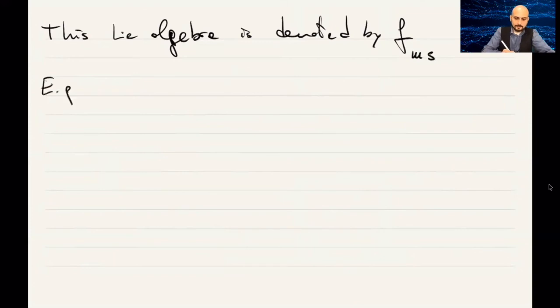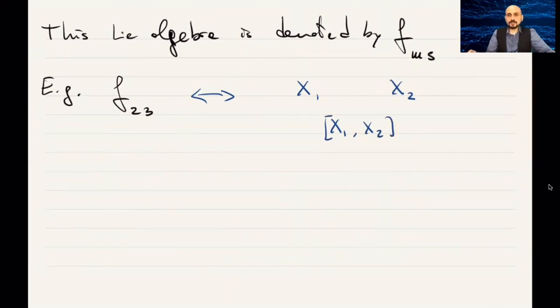An example. So what is F_{2,3}? Okay. So to define F_{2,3}, I take two vectors. Let's call them x1 and x2. Then of them, I have to take the first bracket. So I'm going to have the bracket [x1, x2]. I will not consider [x2, x1] because it's going to be just minus the same vector. And now I iterate. This one was the bracket between these two, and now I take another bracket and another bracket.